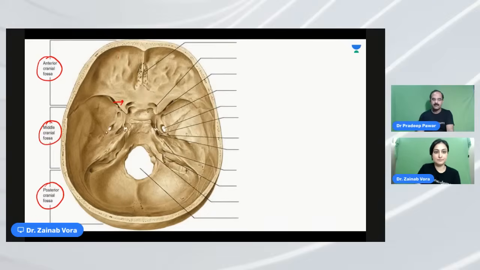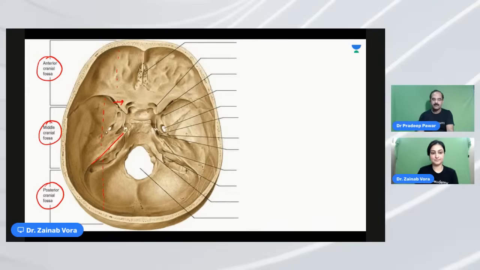From the lesser wing of sphenoid to the petrous part of the temporal bone, this is the middle cranial fossa. And behind the petrous part of the temporal bone, we all know that's the posterior cranial fossa.